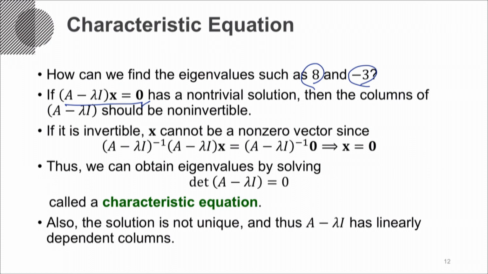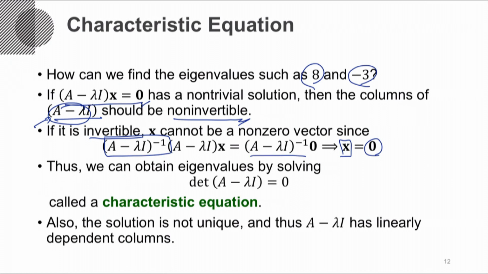And then this matrix should be non-invertible. Let's think about the situation where this is not true, where this matrix is invertible. In this case, we can multiply its inverse matrix on the left, and then we obtain the x vector as always the 0 vector.